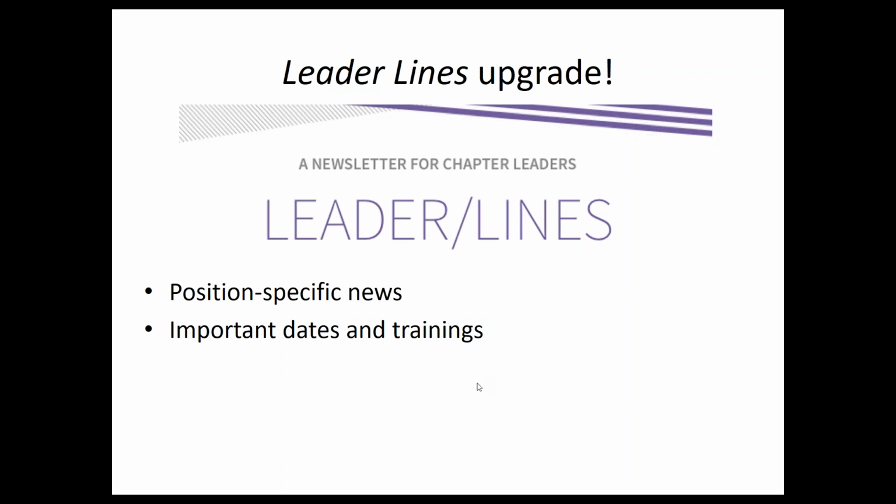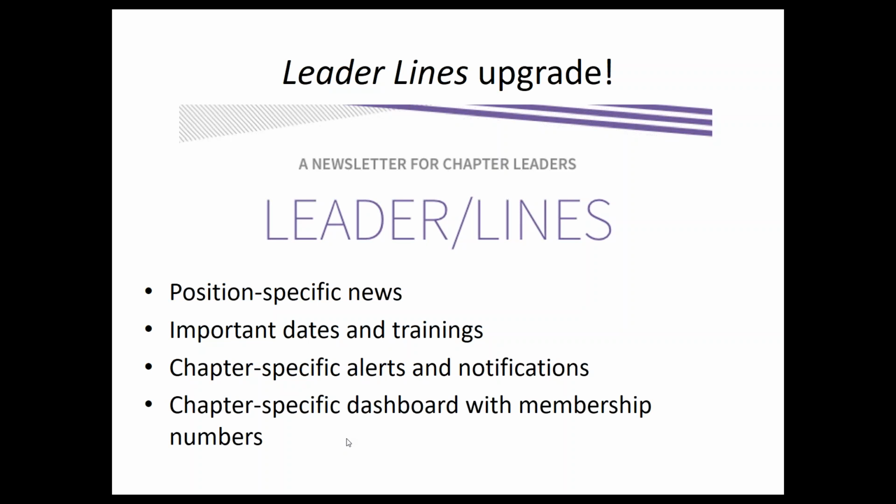It also will still include important dates and trainings. Some of the items that are new are chapter-specific alerts and notifications, as well as a chapter-specific dashboard with membership numbers. So it will tell you, okay, in the last 90 days, here's how many people have renewed their membership, or here's how many people whose membership lapsed.